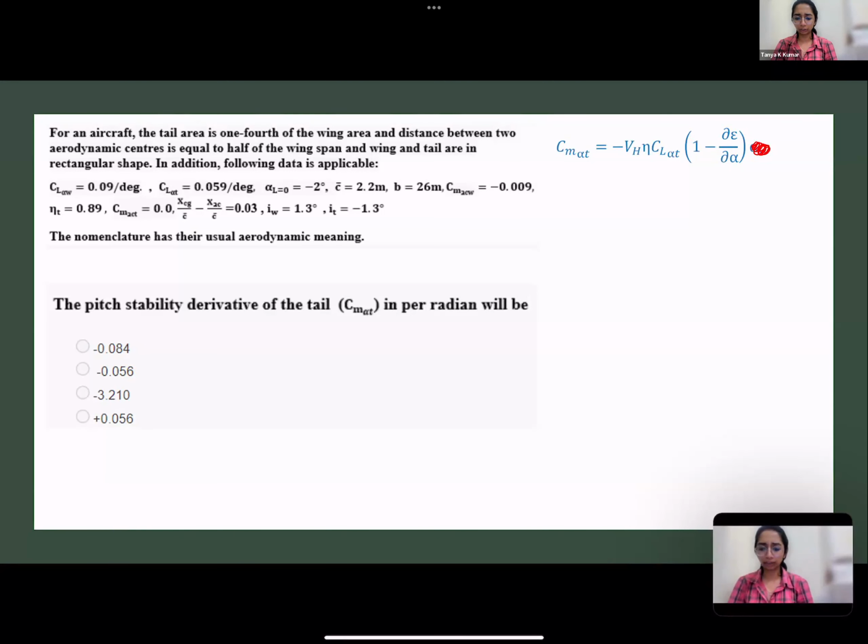All the quantities you know, it's just a direct calculation. I'll give you a couple of minutes to do this. And see, you can do it quickly.